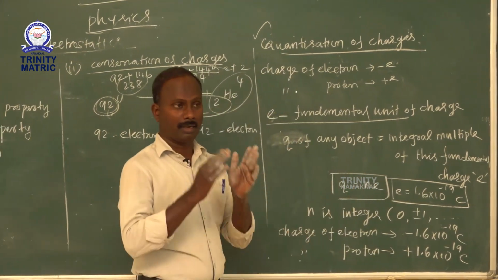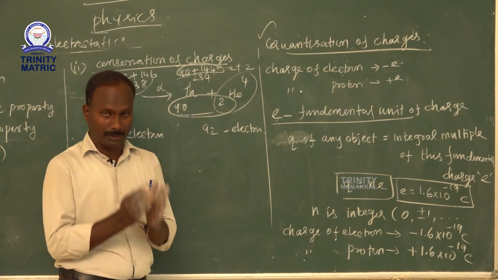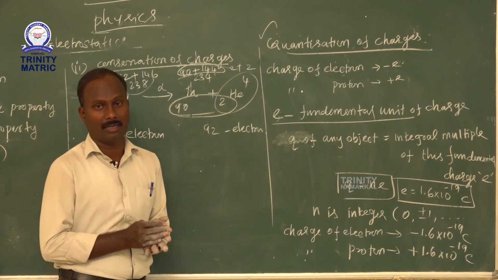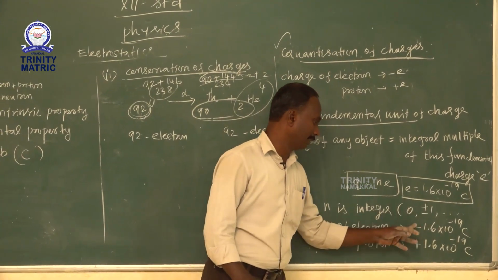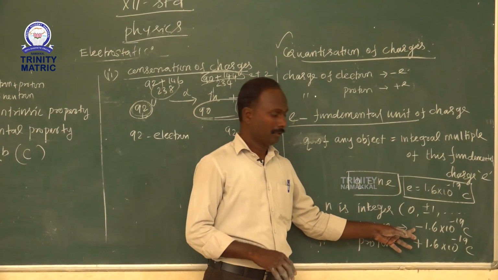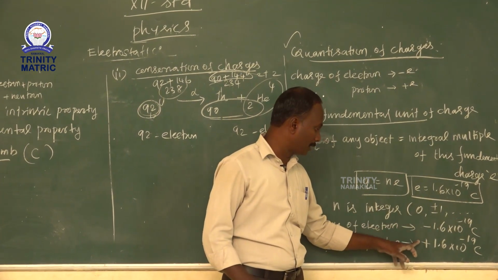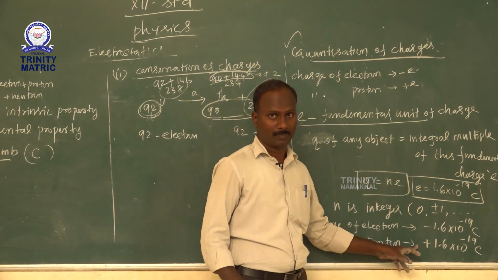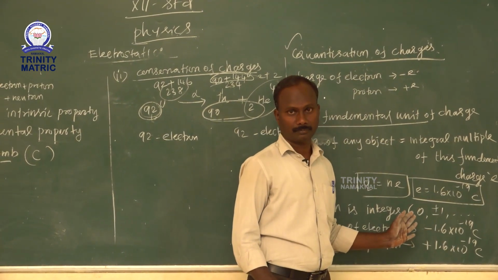The proton and the electron have an equal amount of fundamental charge, but differ only in the polarity, the type. The electron is negative charge; negative and positive represent only the type of charge. The quantity is the same, it is not different.